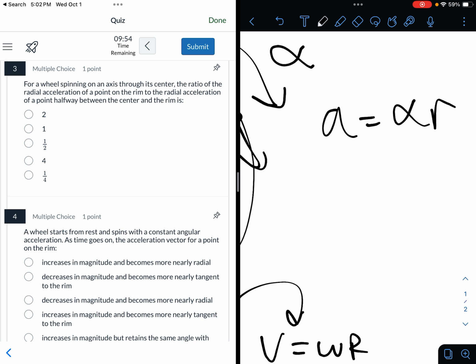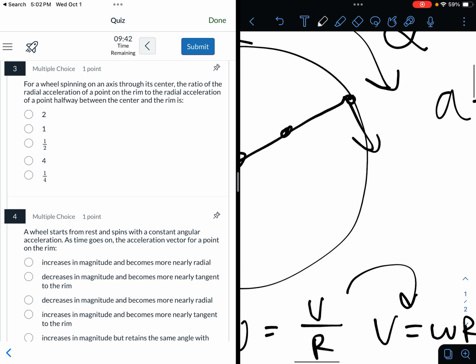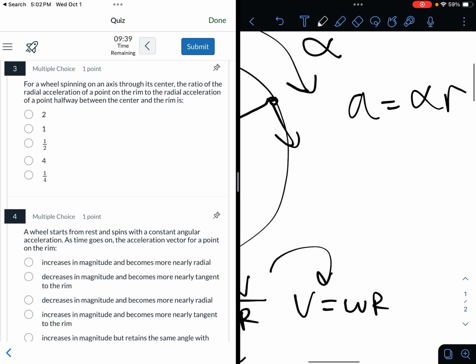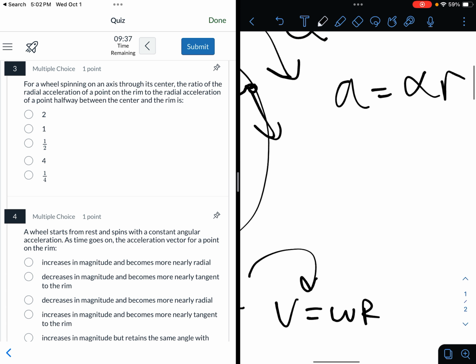For the same scenario, the ratio of the radial acceleration of a point on the rim to the radial acceleration of a point halfway between the center and the rim. This one's kind of interesting because you could use v squared over r is equal to a.